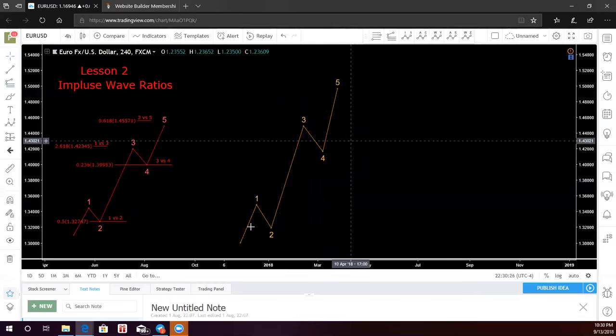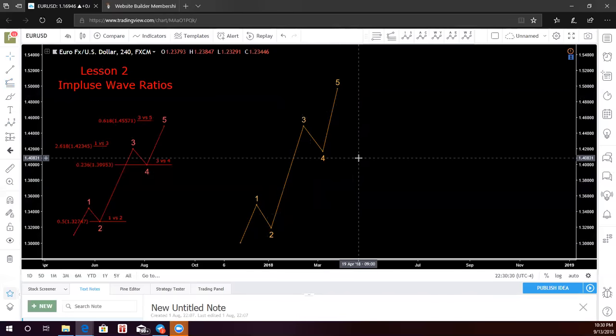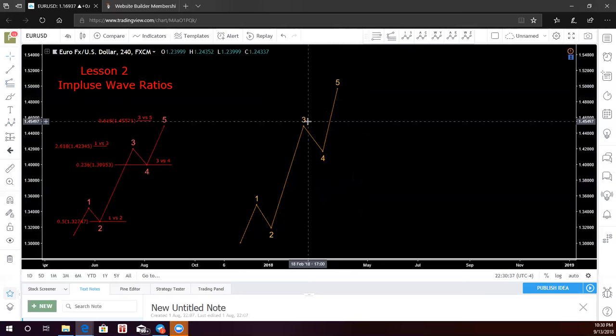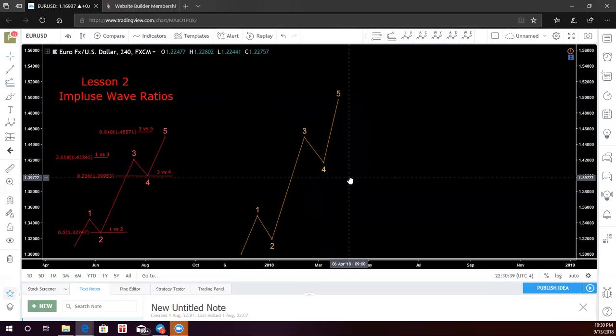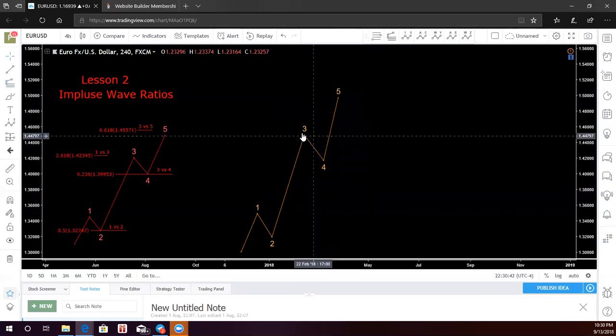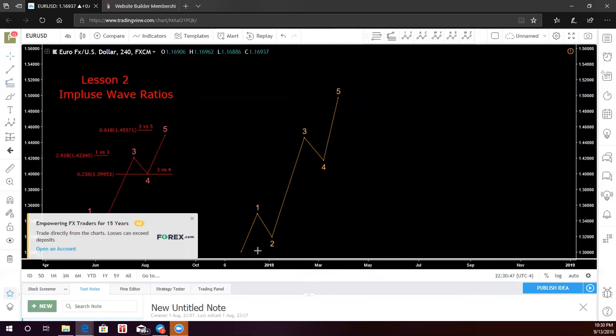What else can we go over? Okay. So back to extended waves, as I promised to talk about in lesson 1. Here we have an extended wave 3. If you were to have an extended wave 5, it would look something more so on the lines of this right here.